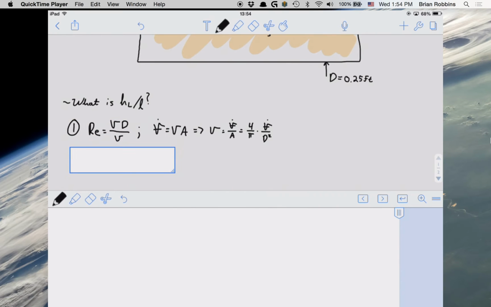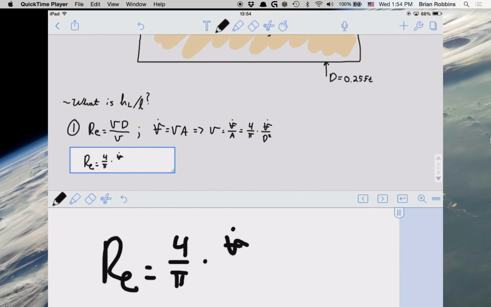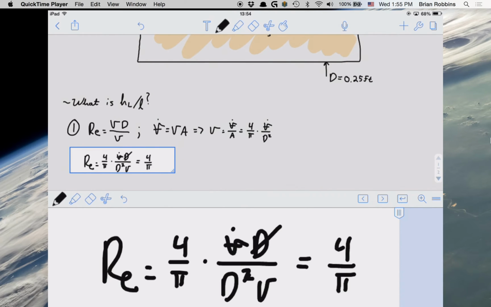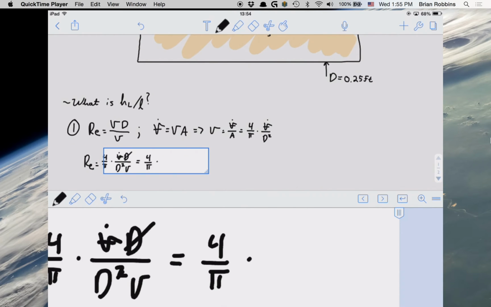So Reynolds number is equal to 4 divided by pi times V dot times D divided by D squared times our kinematic viscosity, nu. One of our diameters cancels out, which means that our final expression is 4 divided by pi times V dot divided by D times our kinematic viscosity, nu.